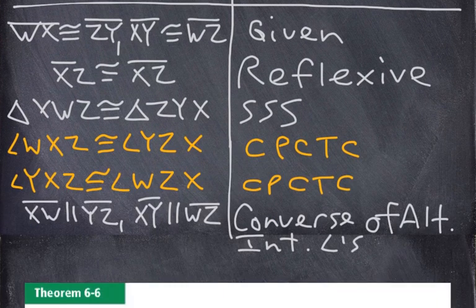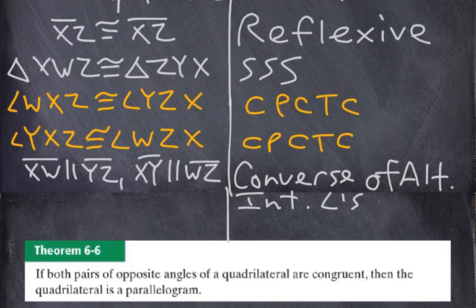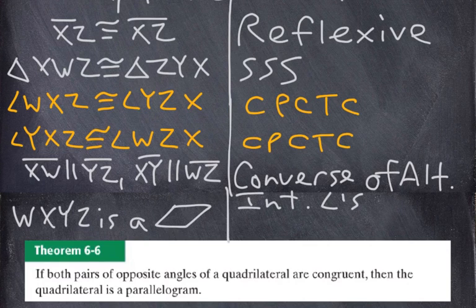And lastly, we always want to get to what we're trying to prove. We're trying to prove that WXYZ is a parallelogram. And the reason behind that is the definition of a parallelogram. If we know that opposite sides of a quadrilateral are parallel, that means it has to be a parallelogram by definition.